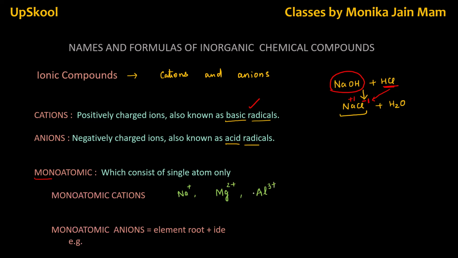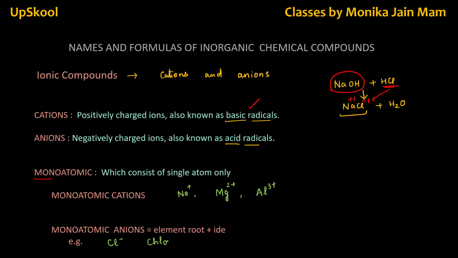And when I talk about monoatomic anions, it is element root plus ide always. I want to tell you how to write. You better keep on writing in your notes copy along with me. Cl 1 negative. What is the root? Chlor, coming from chlorine, plus ide.